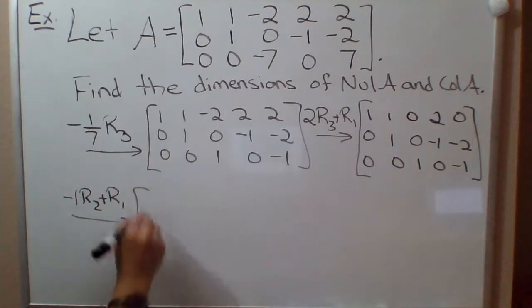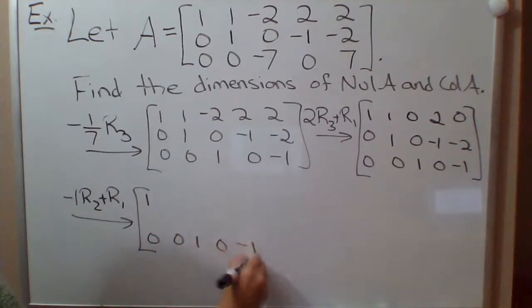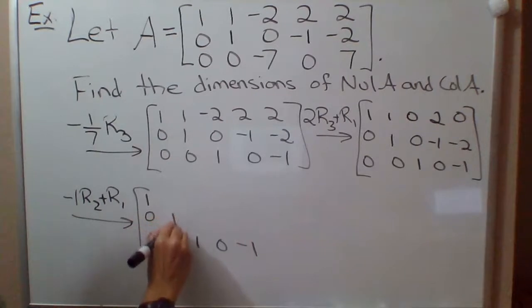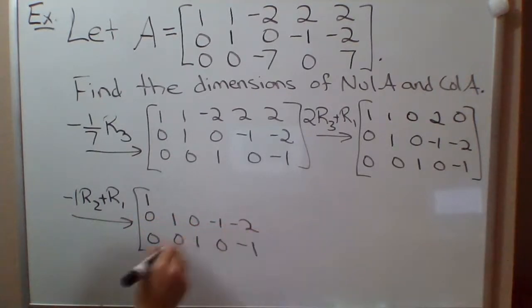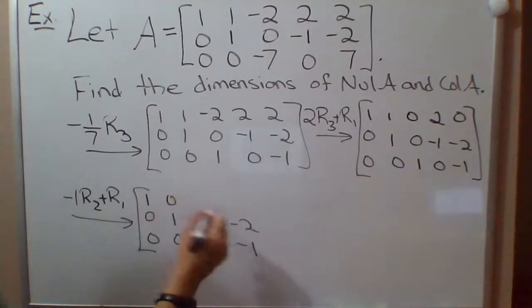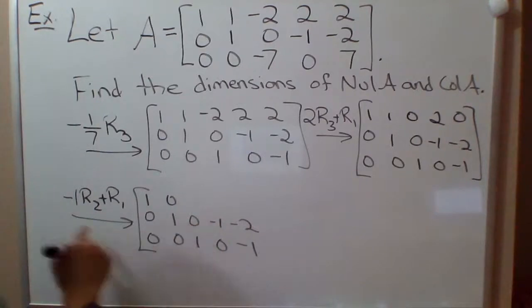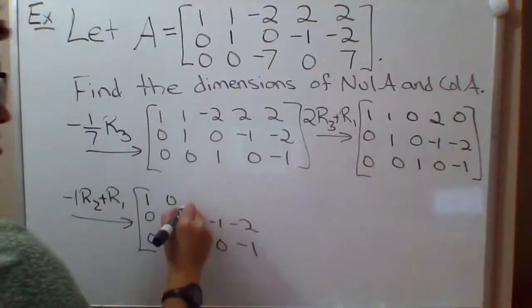That'll give us, well, I'm going to copy the other rows first. The new row 1 will be 1, 0, and then -1 times row 2: 0, 1 plus 2, so this is 3.